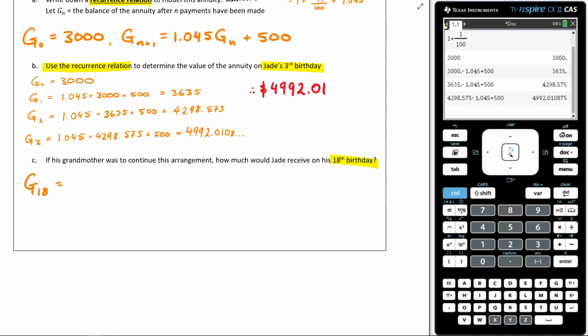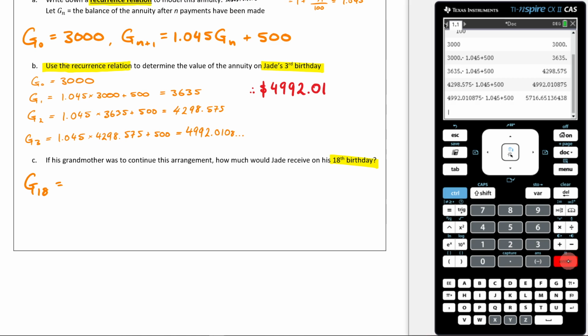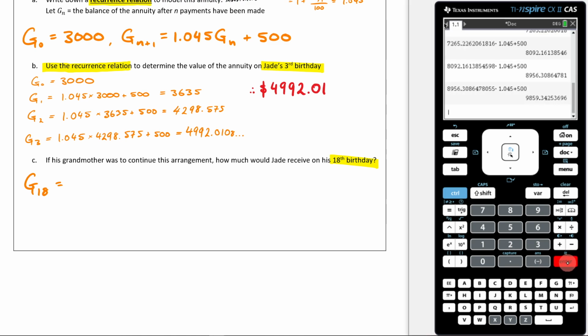Now, unfortunately, we can't create a rule for this, which means if that is 3, I'm simply going to go 4, 5, 6, 7, 8, 9, 10, 11, 12, 13, 14, 15, 16, 17, 18. That's what it's going to be in 18. So you just have to keep hitting enter there to get your answer.